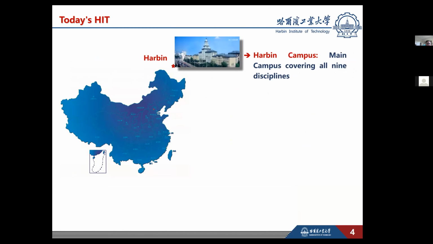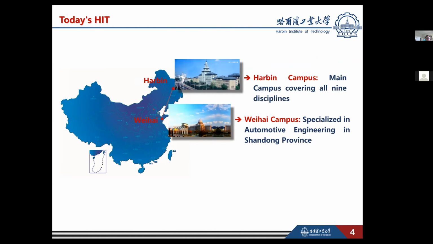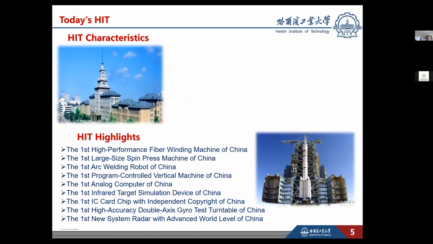From the northern to the southern China, Harbin main campus with all disciplines, the Weihai campus specialized in automotive engineering, and the Shenzhen campus in South China, which is a newly built one, more similar to the system of Euro-American universities.